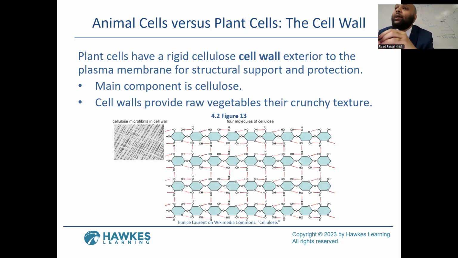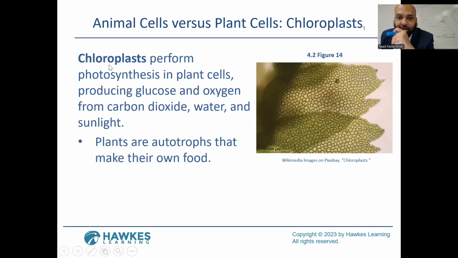So what are plant cell walls made up of? Cellulose. Cell walls give raw vegetables their crunchy texture. Chloroplasts perform photosynthesis in plant cells, producing glucose and oxygen from carbon dioxide, water, and sunlight.